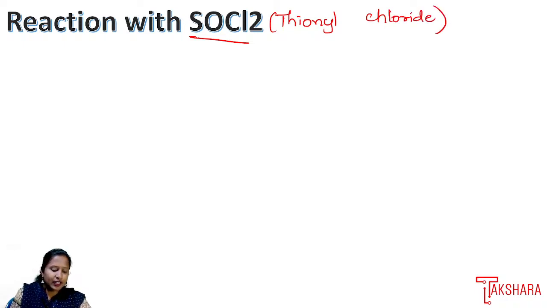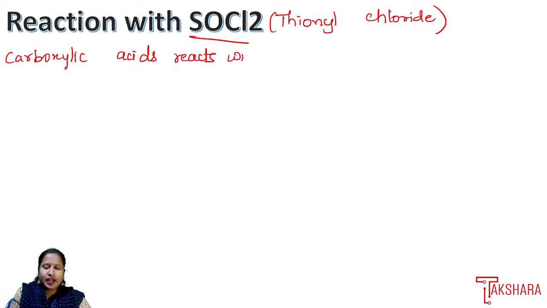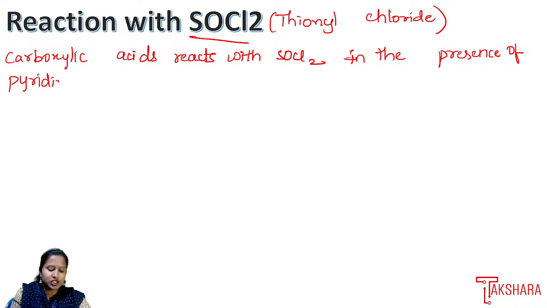When carboxylic acids react with SOCl2, thionyl chloride, in the presence of pyridine, that means in the presence of solvent, they form acid chlorides.